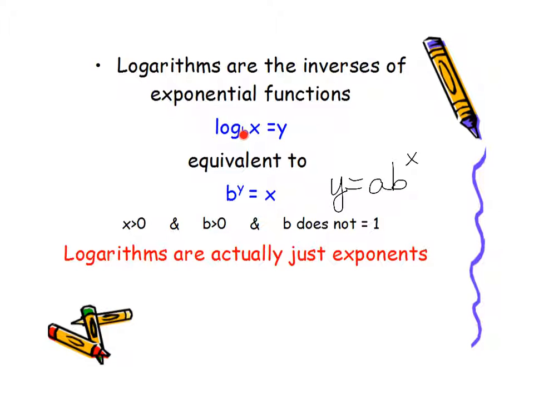So this base needs to be raised to this power to equal that number. See how that works? b to the y equals x, b to the y equals x. We kind of do this loop thing in there. What that allows you to do, if you can see, the y is caught up as the exponent here, but if you convert it to a logarithm, the y is all by itself. So we'll be doing that.